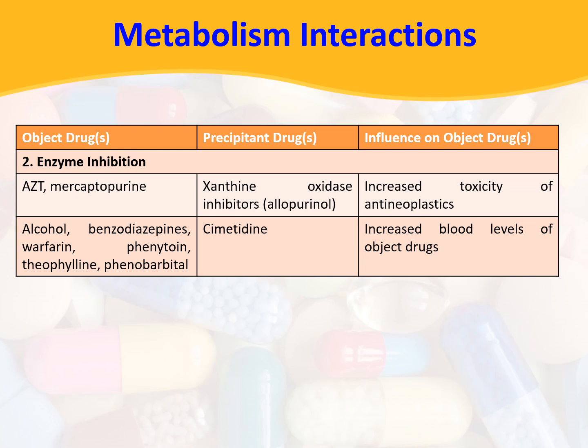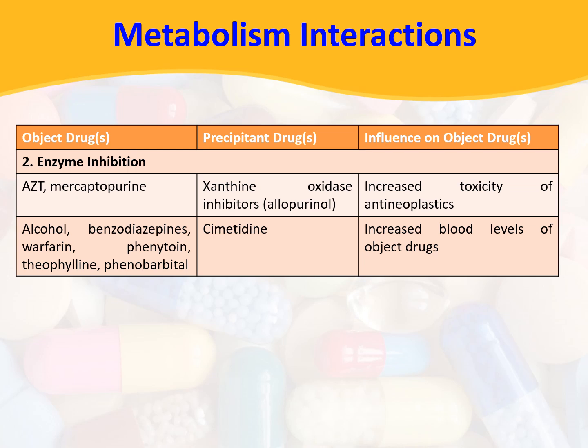Similarly, AZT, which is azidothymidine, or mercaptopurine, whenever they are taken along with xanthine oxidase inhibitors, for example allopurinol, it leads to increased toxicity of these antineoplastic agents due to enzyme inhibition.